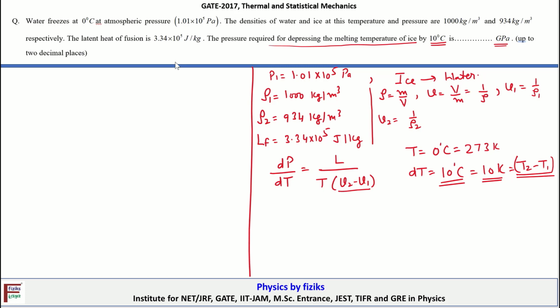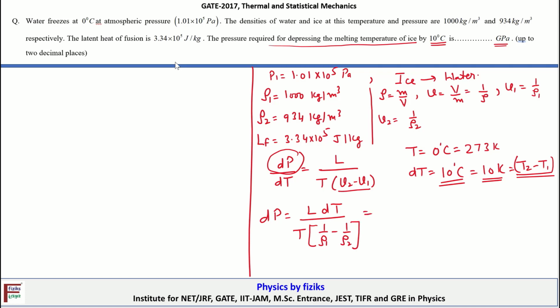Okay, so from this relationship we will first determine the corresponding change in pressure, and then from there we will calculate the final pressure. So now dP, from this relationship, is equal to L dT upon T into (1 upon rho 1 minus 1 upon rho 2).